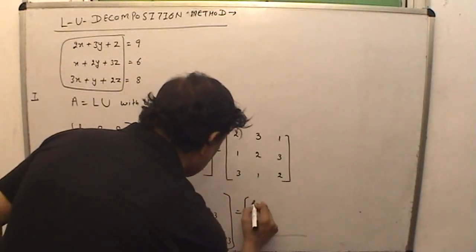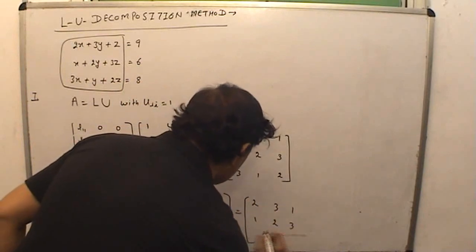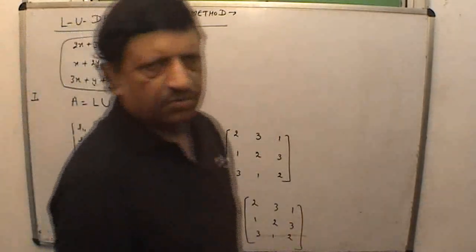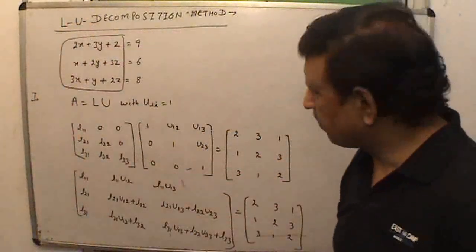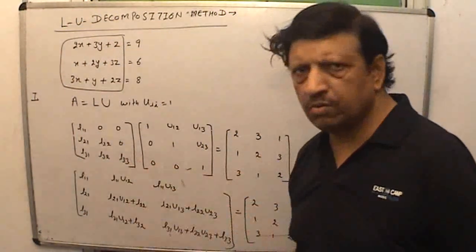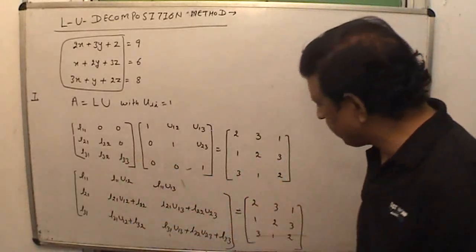That is equal to 2 3 1, 1 2 3, 3 1 2. That's what we have done. Simply we followed the rule of multiplication of two matrices. We multiplied it and it is the new matrix. Now here again we follow the basic rules of matrices.